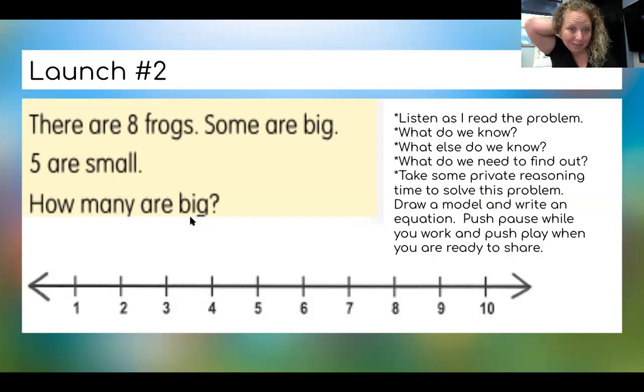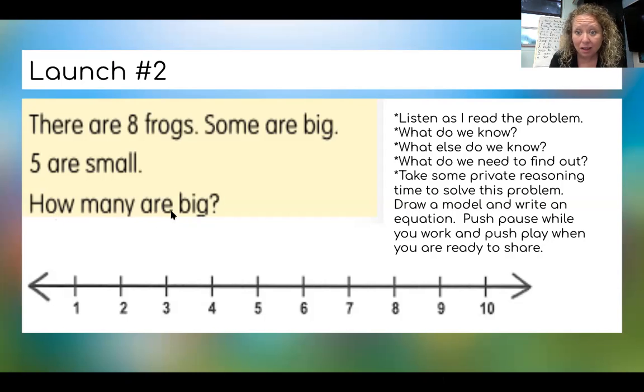What do we need to find out about our frogs? Turn and talk. This question right here tells us what we need to find out.